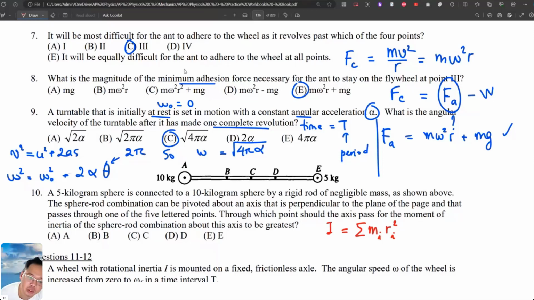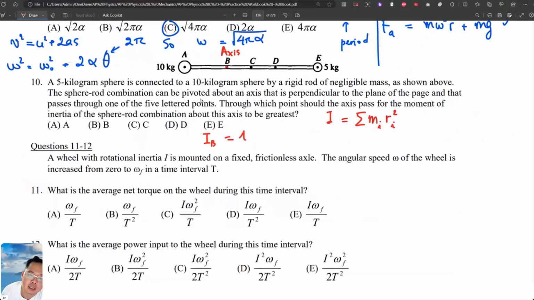For example, if we choose the point B to be the axis of rotation, then the moment of inertia through that point B is 10 kilograms on the left times the distance AB squared, and then add the 5 kilograms times the distance BE squared.